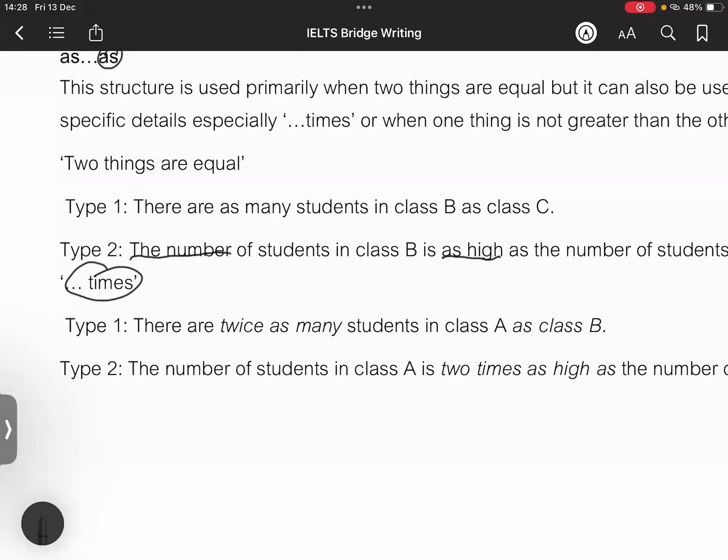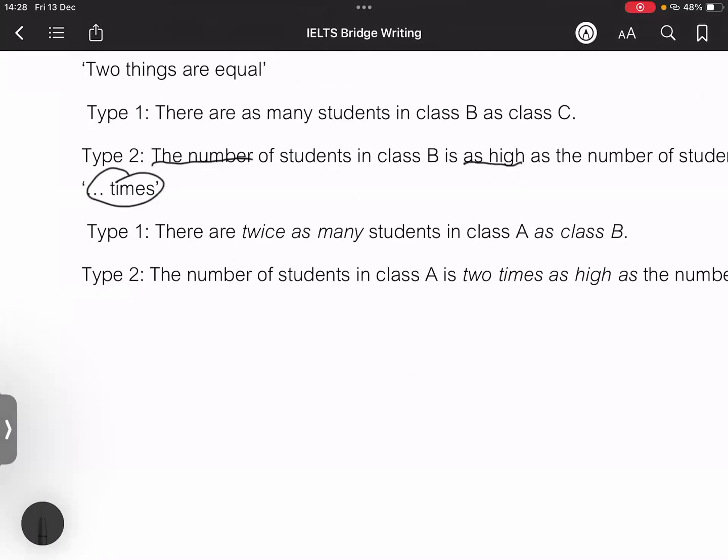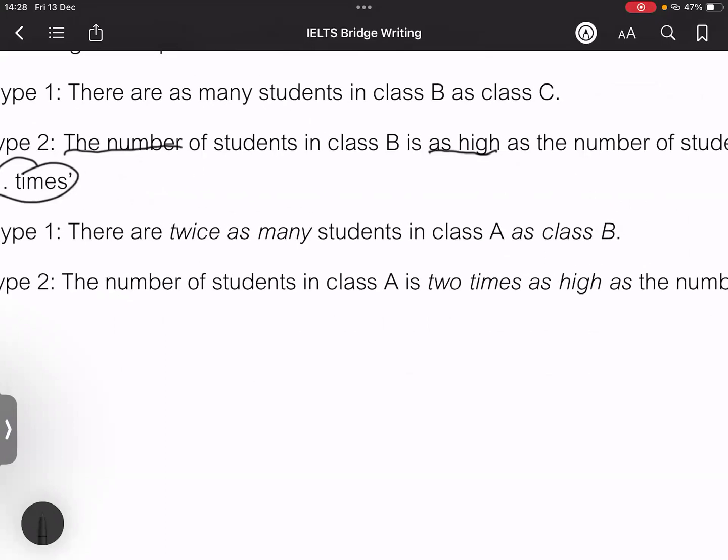Just like in the previous example, where we used times with a comparative adjective, now we are using times with the first as, the adverb. Let's look at the first example. There are twice as many students in Class A as Class B.